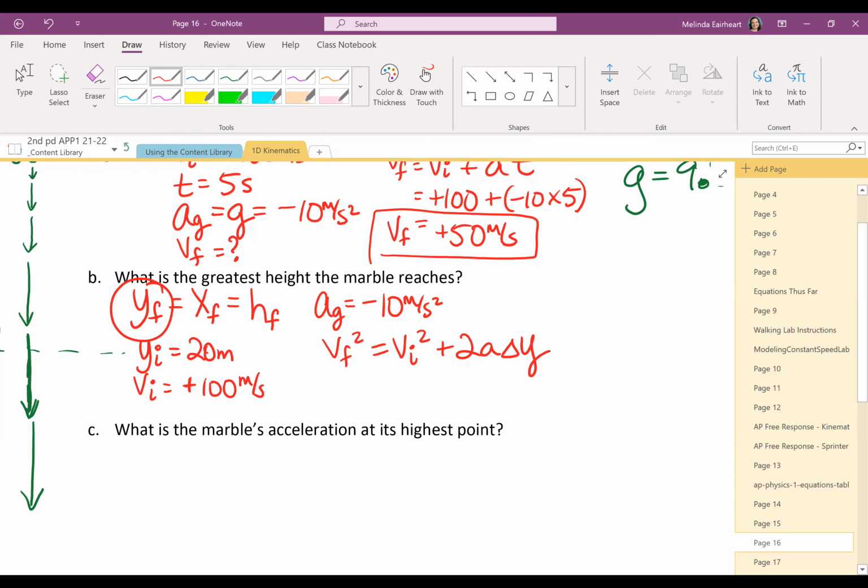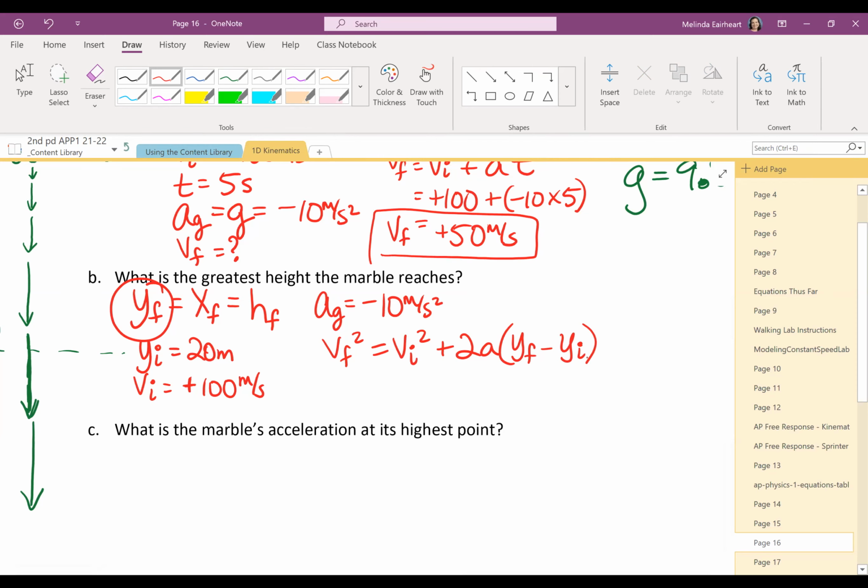Because the calculator isn't going to tell you. But here, that delta Y, actually, I'm going to use what's on the formula chart, YF minus Y initial. So sometimes you can write it in terms of displacement and then just solve for the final position, or you can include positions from the beginning, okay?